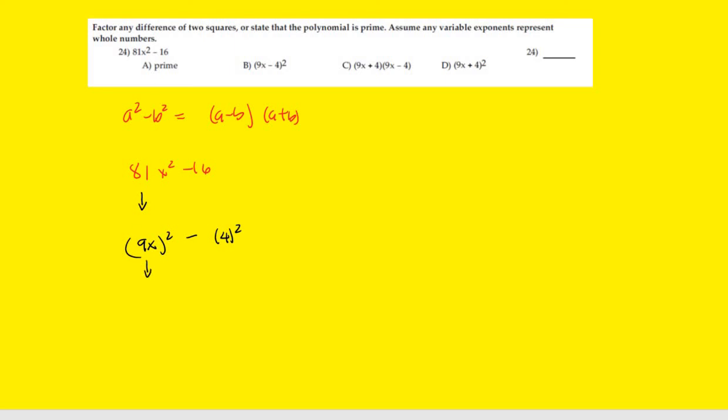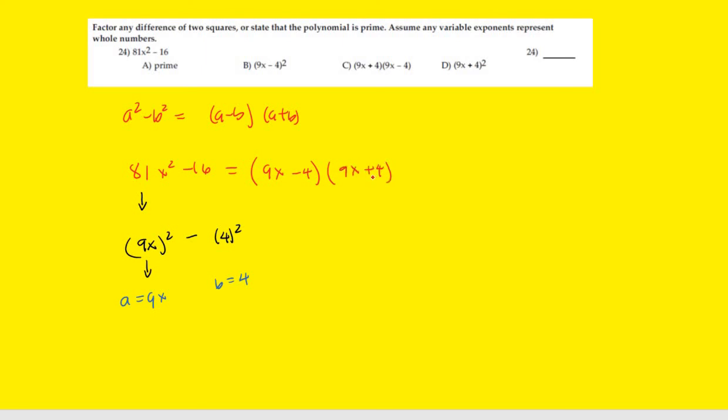So a is equal to 9x, and b is equal to 4. Using this equation, the factorization is a, which is 9x, minus b, which is 4, times a, which is 9x, plus b, which is 4.